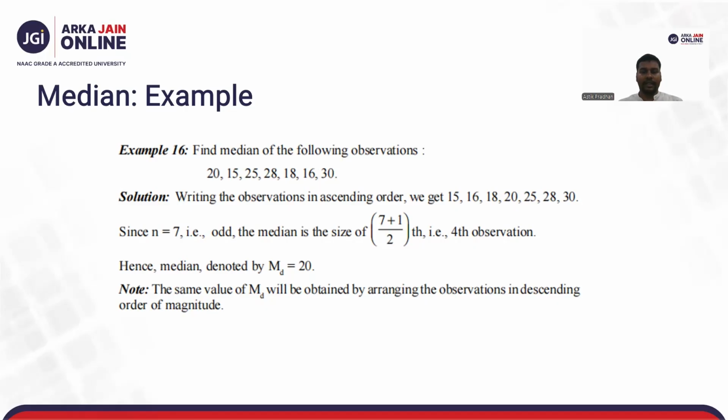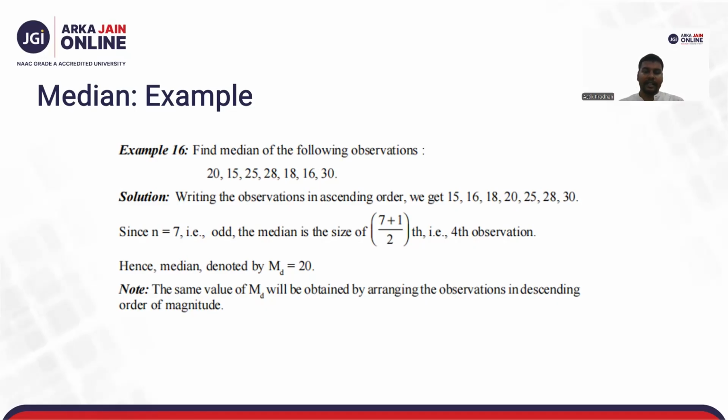As you can see, it consists of 7 data points or values. The median is the middle value. One important condition, which I have already explained, is that the order must be ascending or descending. Suppose I arrange it in ascending order, we get 15, 16, 18, and so on up to the last value.